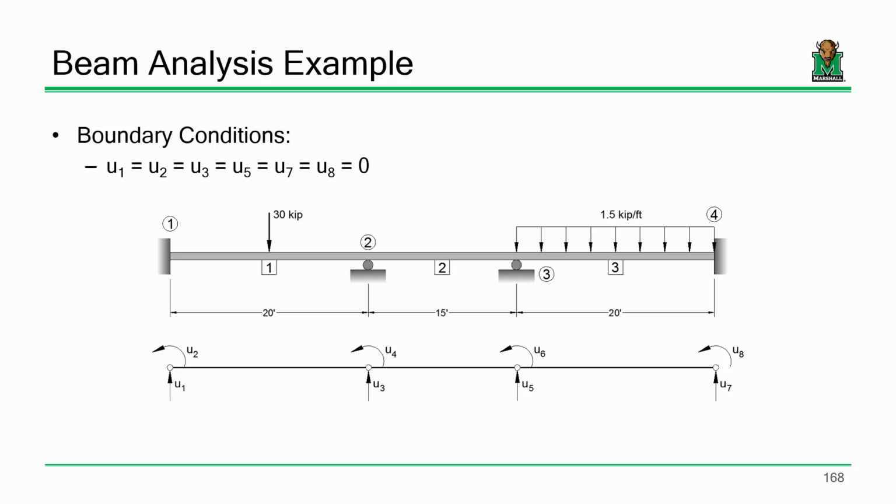We can reduce this problem pretty heavily because every joint is fixed against translation. Only joint 2 and joint 3 are free to rotate, so our resulting displacements will be very small.